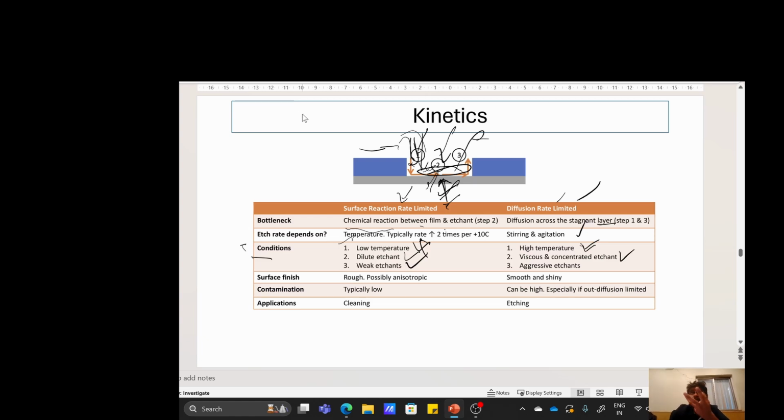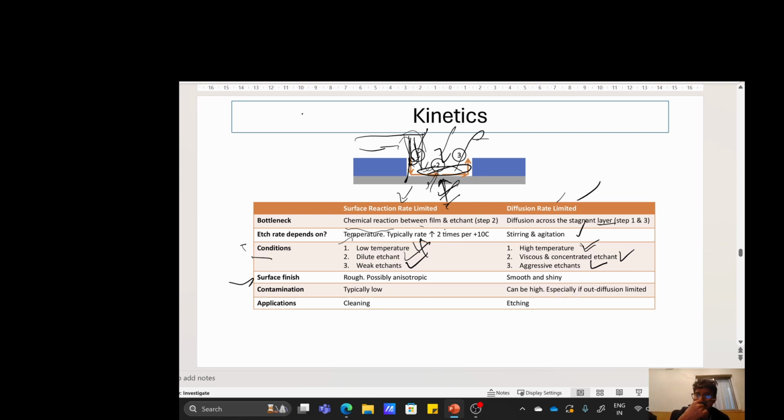If the agent is highly viscous, diffusing fresh agent from the top through the stagnant layer will be very difficult. Also, with aggressive agents the reaction rate is very high, so this is diffusion rate limited.